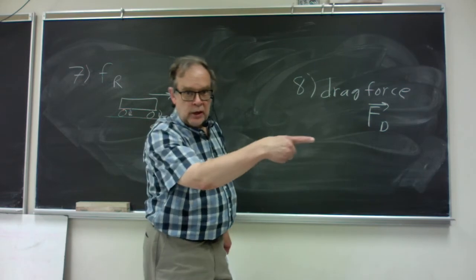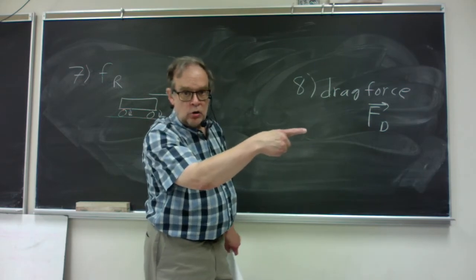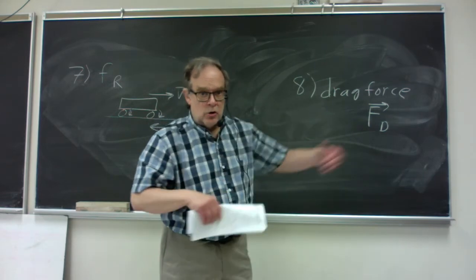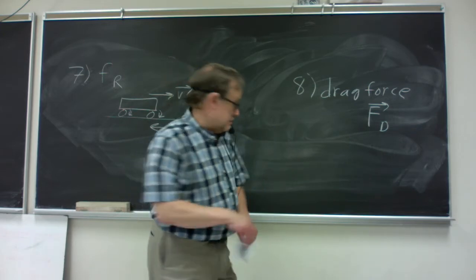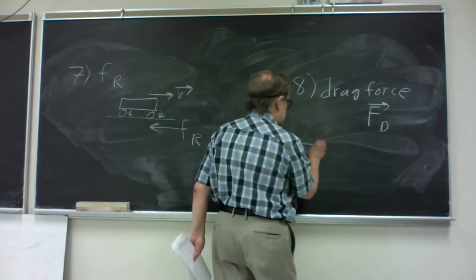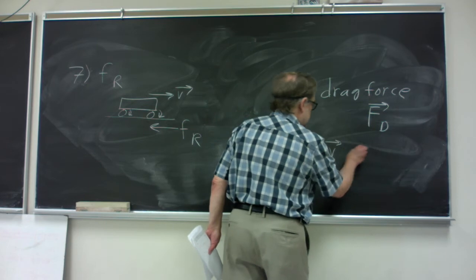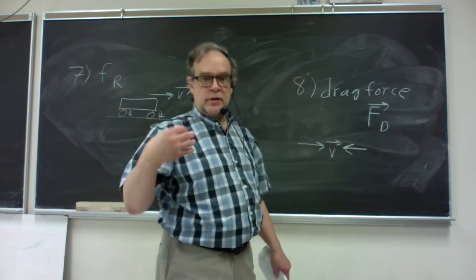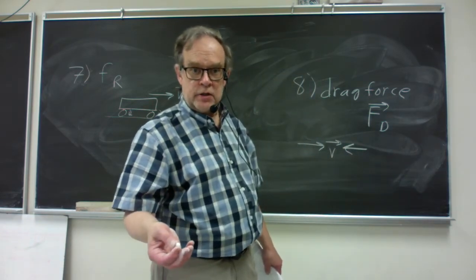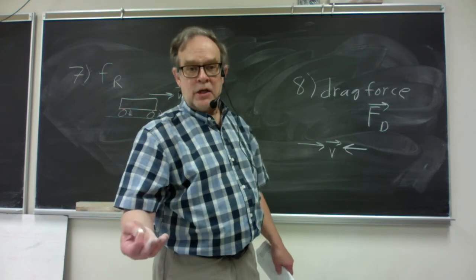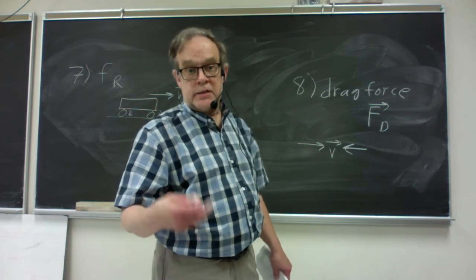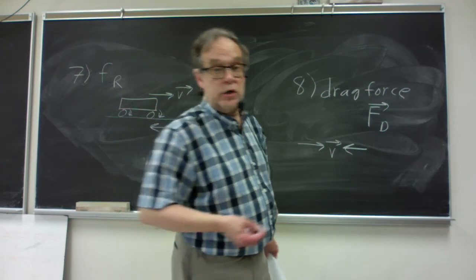For an object with a velocity this way, all of those tiny little pushes are backwards pushes. So the drag force, which is the net result of those trillions and trillions of backwards pushes, is always pointing opposite to the velocity, just like kinetic friction was.